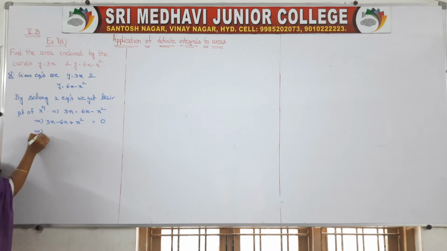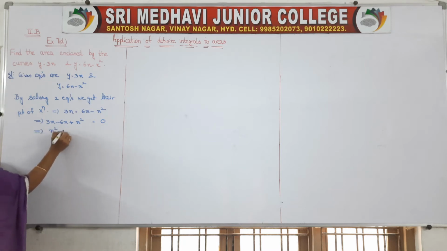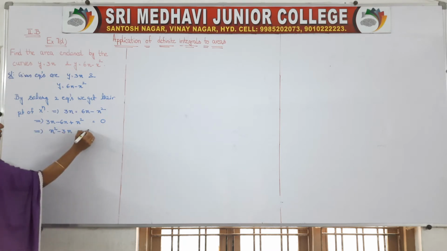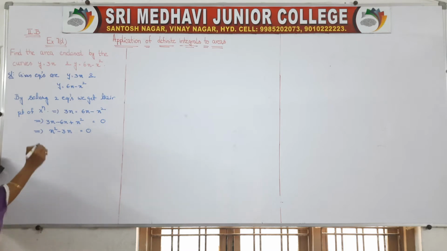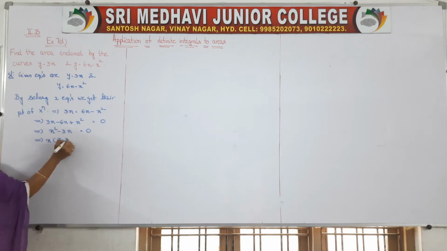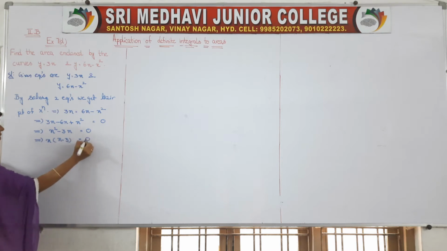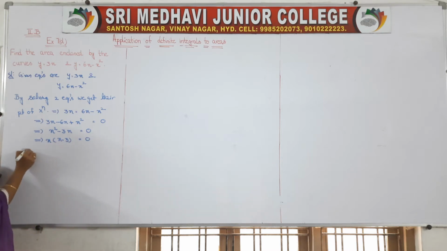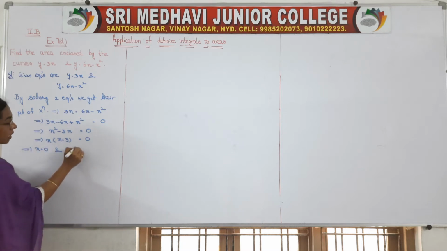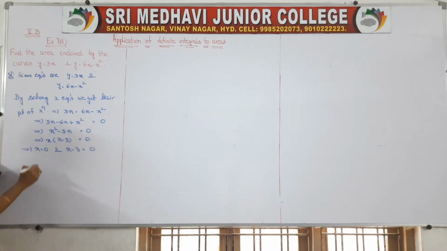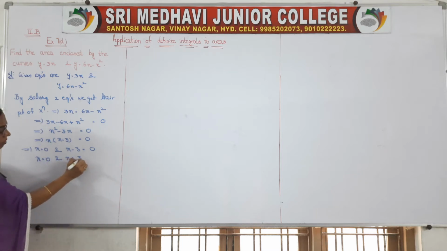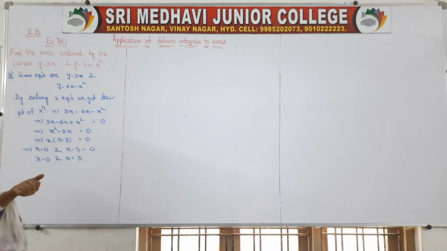So this is x square minus 3x is equal to 0. We can take x outside, then it is x into (x minus 3) is equal to 0. So x is equal to 0 and x minus 3 is equal to 0, so x is equal to 0 and x is equal to 3. So you got your limits.